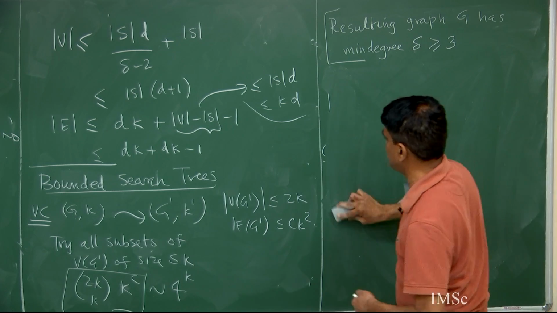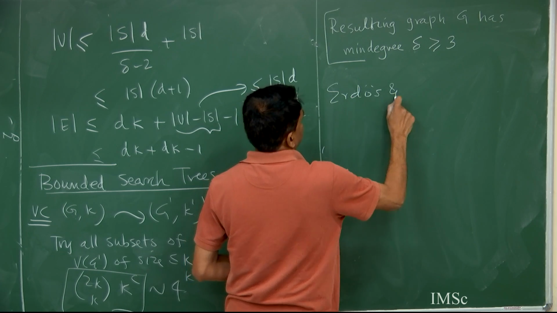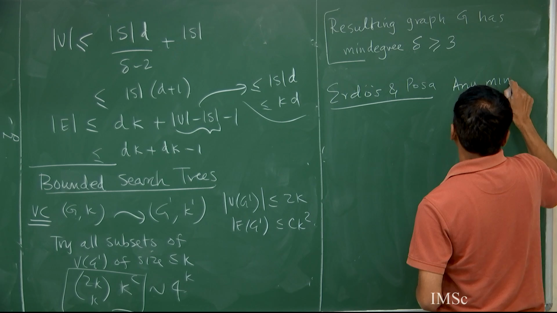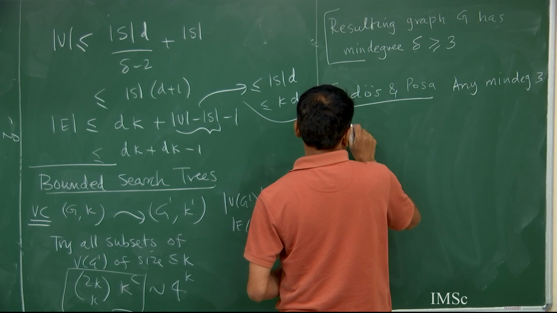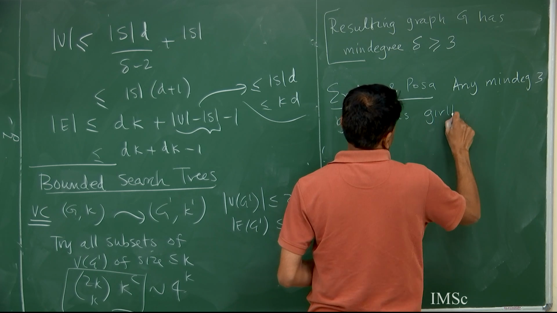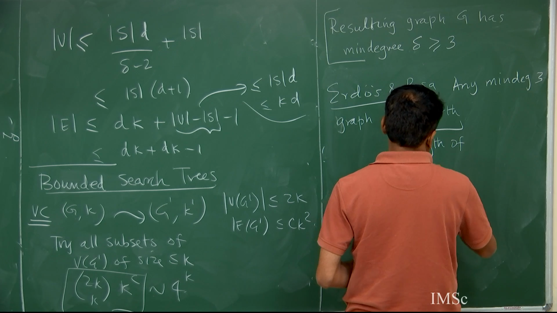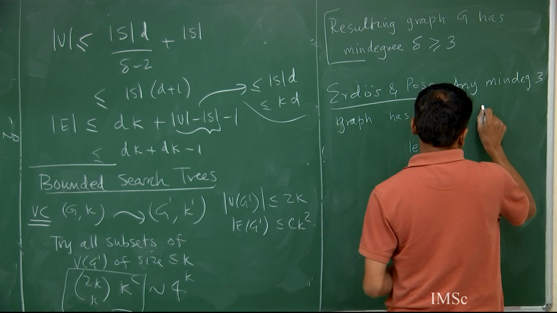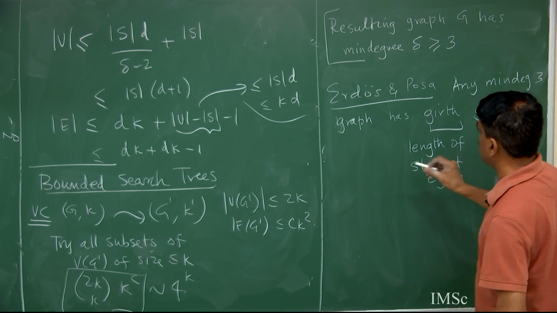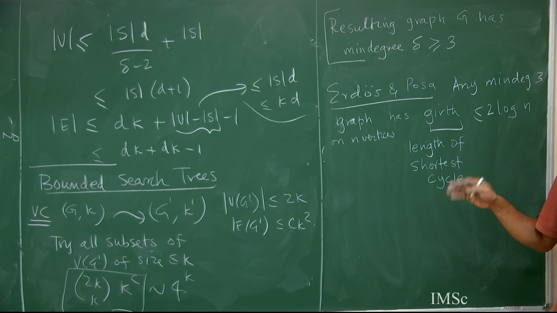There is a result due to Erdős and Pósa, I think, which says that any minimum degree 3 graph has girth, this is the length of the shortest cycle, at most log n or 2 log n, on n vertices, right? And what is nice is you can also find it in linear time.